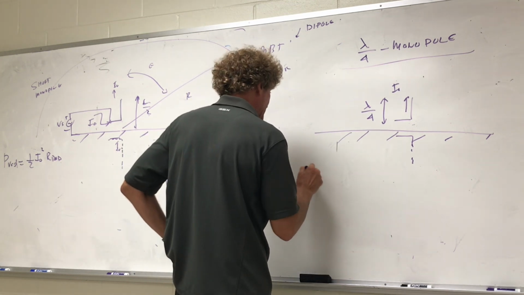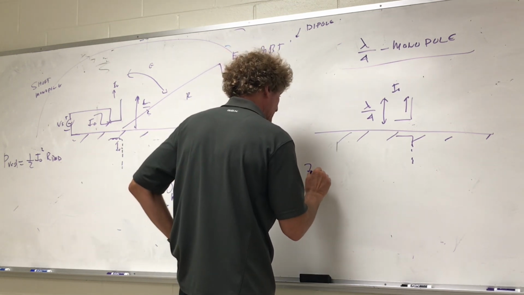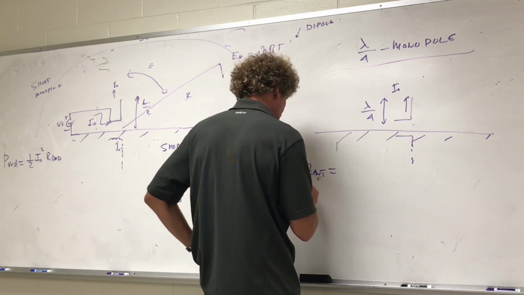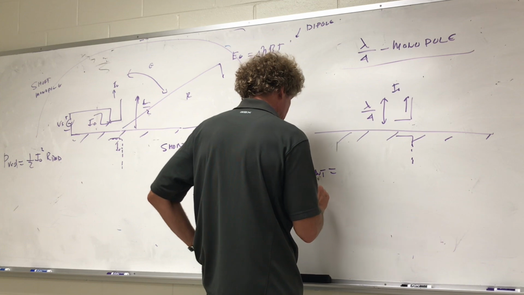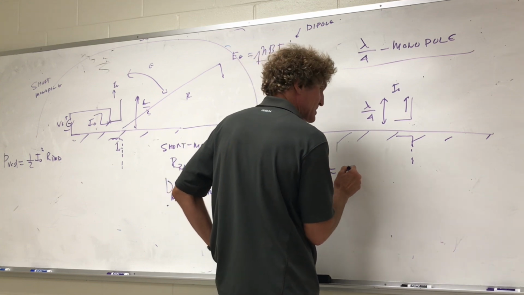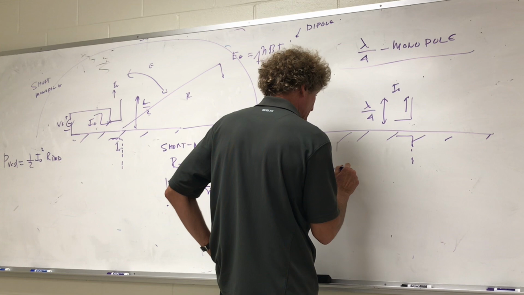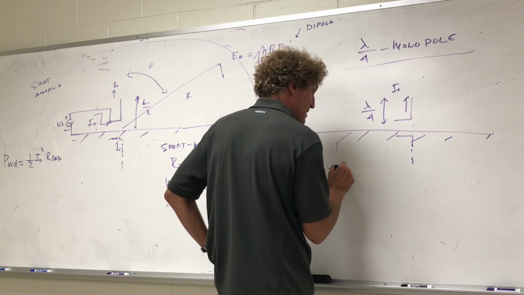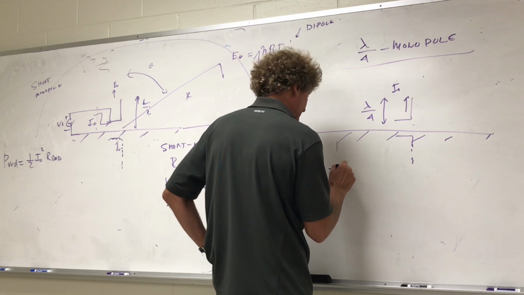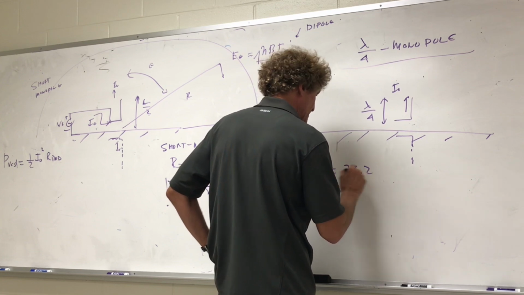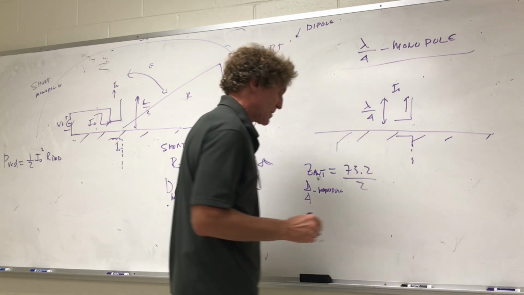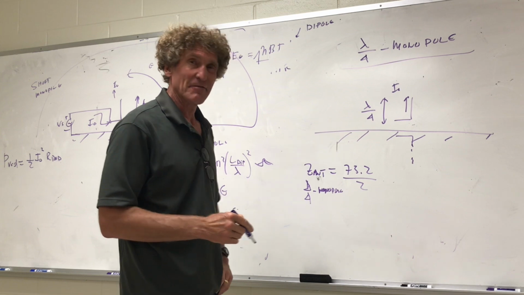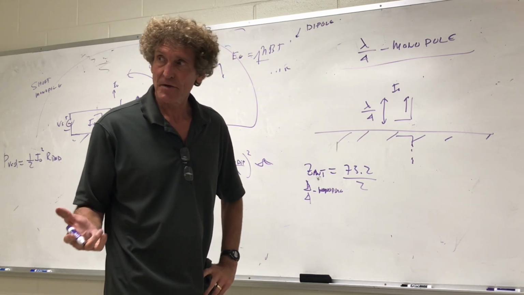So here, Z antenna, for the lambda over 4 monopole, is normally 73.2, but if you divide that by 2, that's what, 36.54, something like that. Y'all with me, class? You can just leave it.